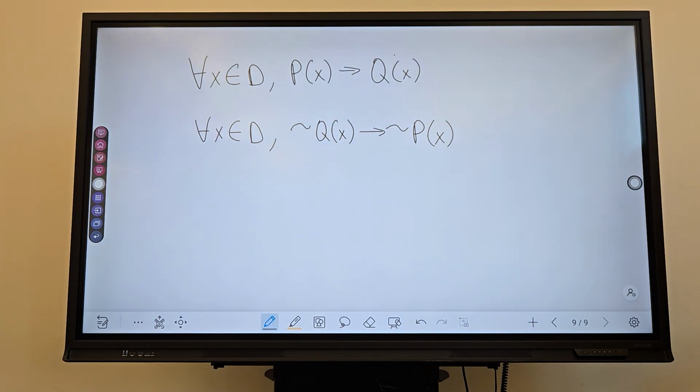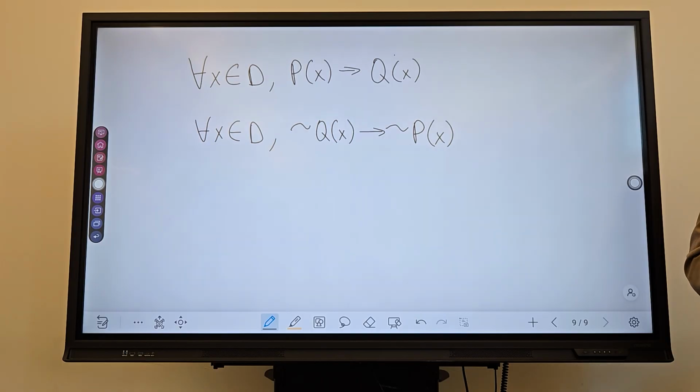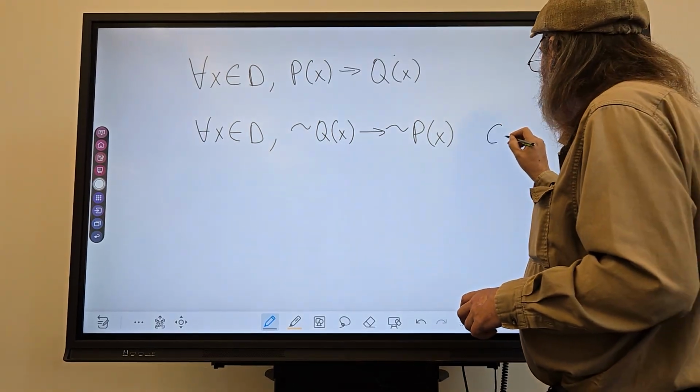And we learned before that the contrapositive is logically equivalent to the original statement.